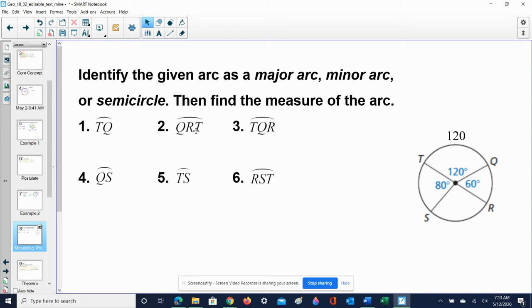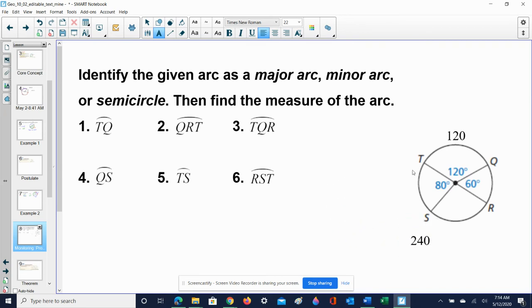Arc QRT. What would that be? Well, if I know TQ is 120, 360 minus 120 is 240.